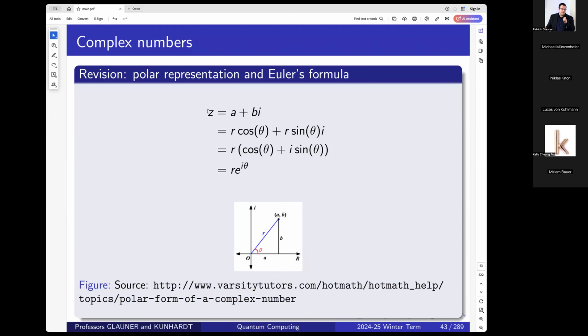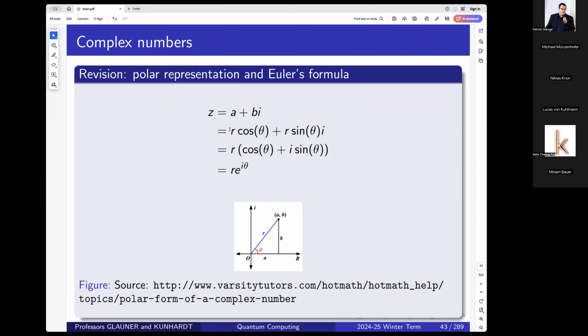And we can represent our complex number, which is a plus bi, because I said this parenthesis notation is just a different notation for a complex number. So a plus b times i can be represented, if you remember linear algebra, also with geometric functions like cosine and sine.